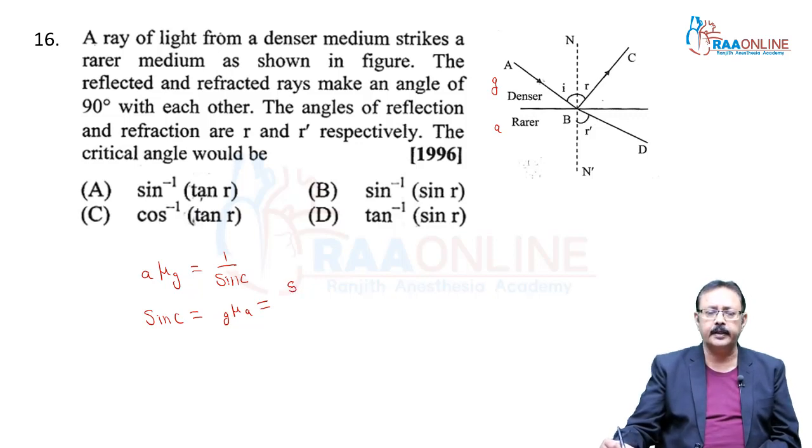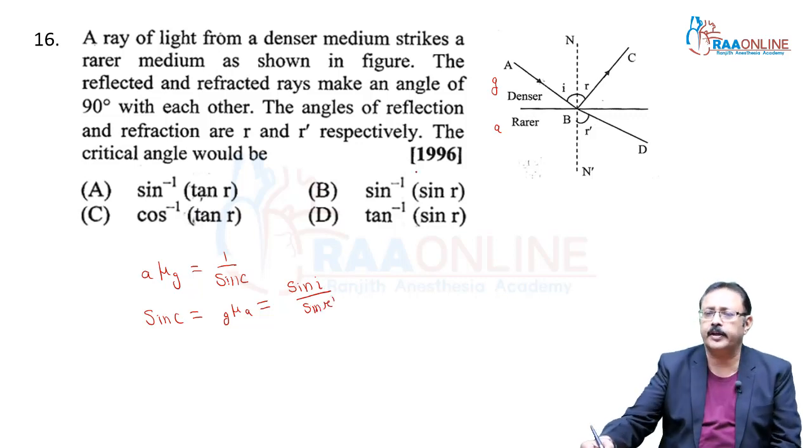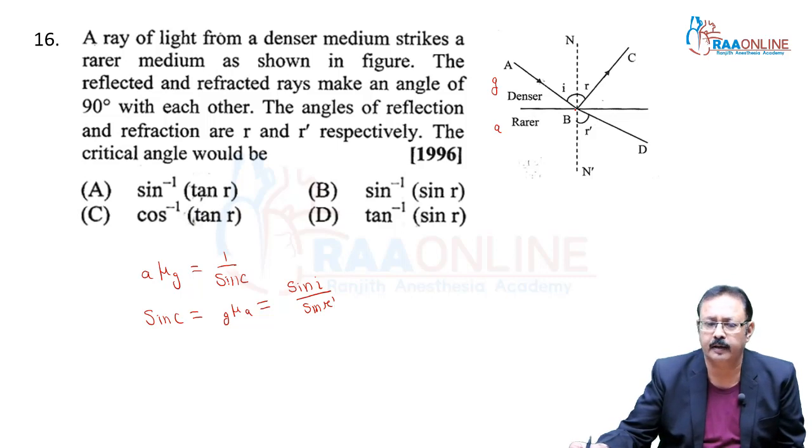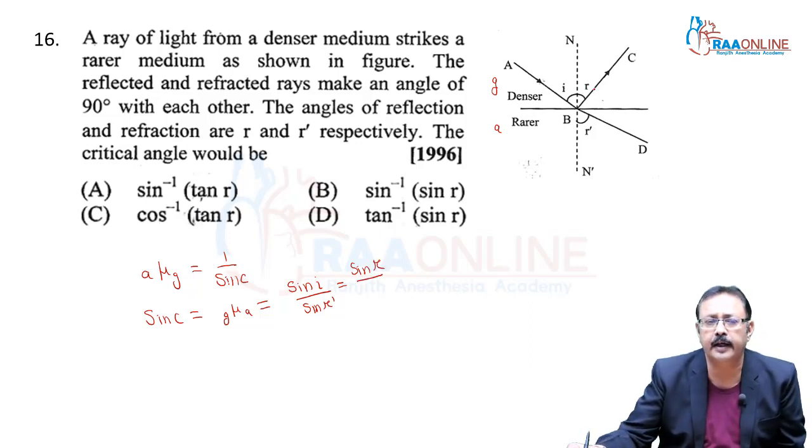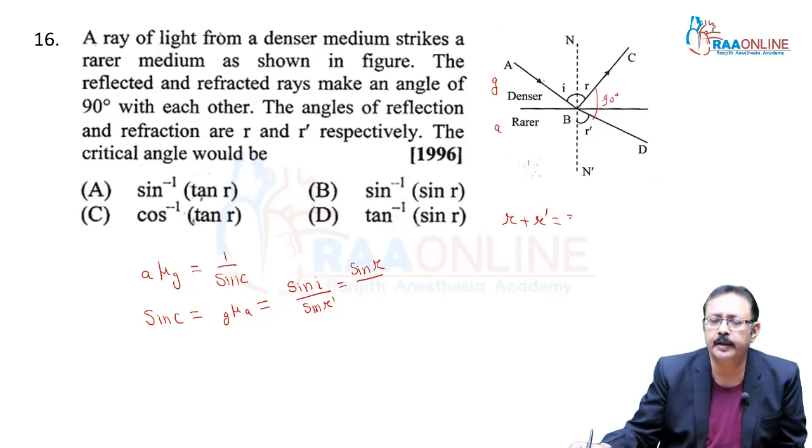G mu A means now rays are travelling from glass to air. So, sin i upon sin r dash. But by the law of reflection, i should be equal to r. So we can write i equals r, law of reflection. Since this angle they are saying is 90 degrees and the total angle on one side of a line is 180, r plus r dash should be 90 degrees.